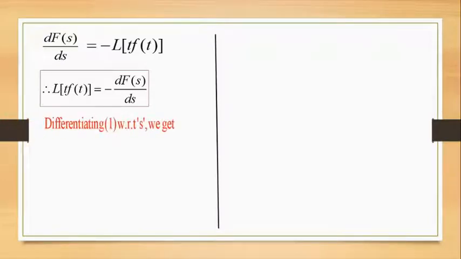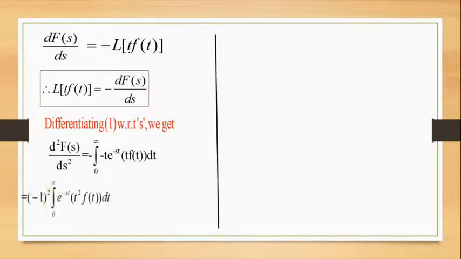Differentiating once again with respect to s, we get d square by ds square capital F of s is equal to minus integral 0 to infinity minus t e power minus st t f of t dt. When further simplified, it could be written as minus 1 the whole square integral 0 to infinity e power minus st into t square f of t dt.